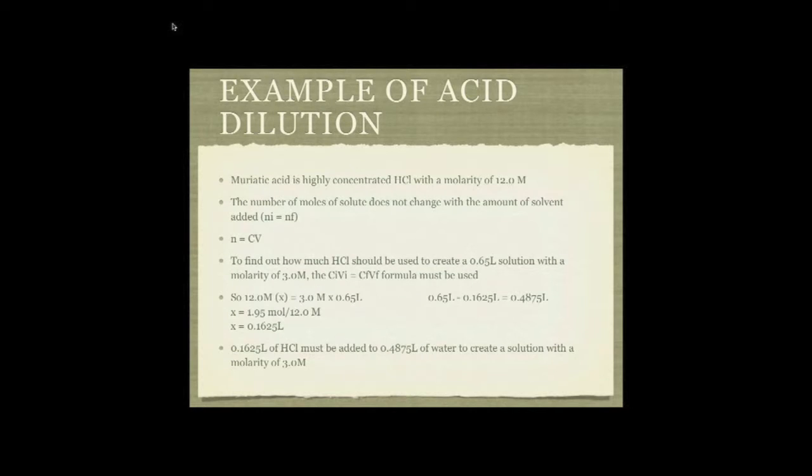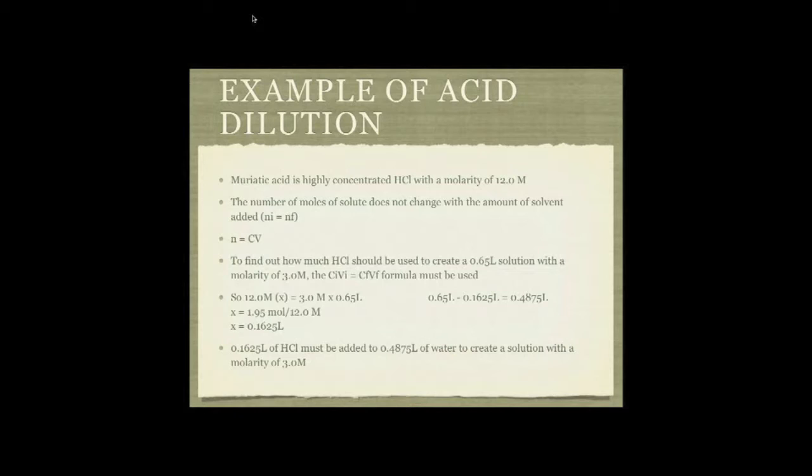An example of acid dilution is the dilution of muriatic acid, which is highly concentrated hydrochloric acid with a molarity of 12 moles per liter. Before commencing dilution, two major points should be taken. The number of moles of a solute does not change with the amount of solvent added, so the amount of initial solute is equal to the amount of final solute.